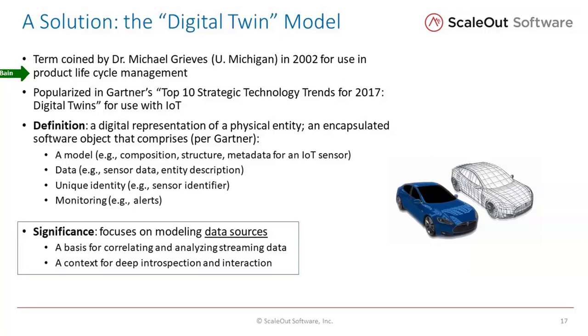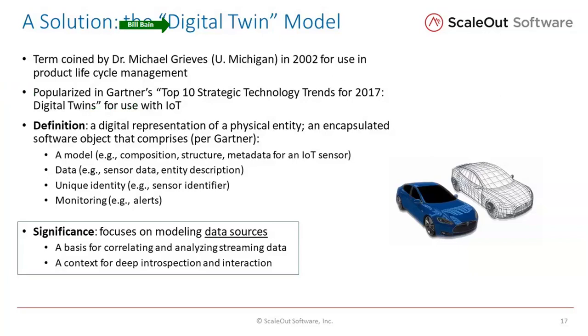This term was recently popularized in 2017 and then again this year by Gartner as a strategic trend for IoT. And so we think that this concept will migrate into stream processing and not simply be confined to product lifecycle management. But there is some confusion there, and I'll go into that in the next slide.